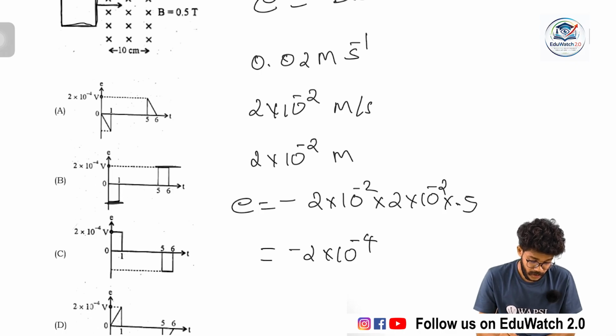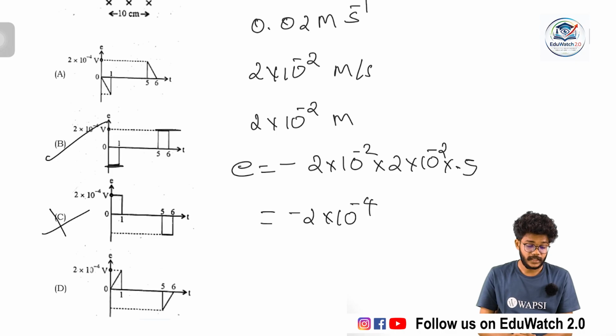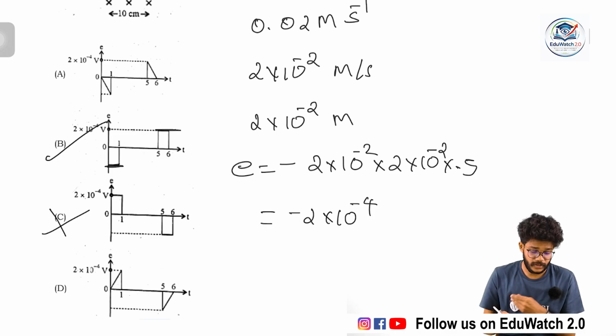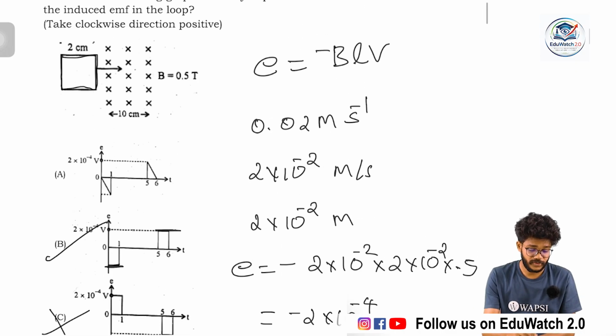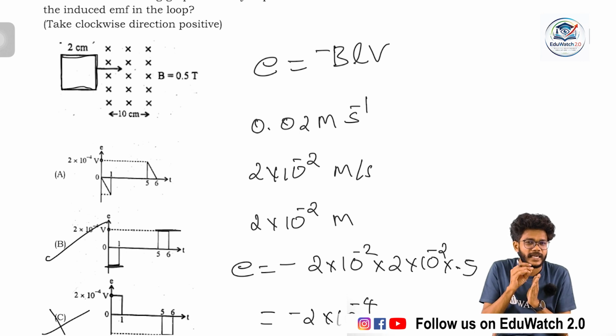So option B is the correct answer, and some people would like to put option A as the correct answer. That means they think that when the loop is entering the magnetic field, the area is linearly increasing. But that is incorrect, because we have to calculate the rate of change of area.